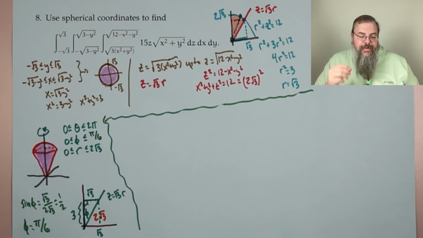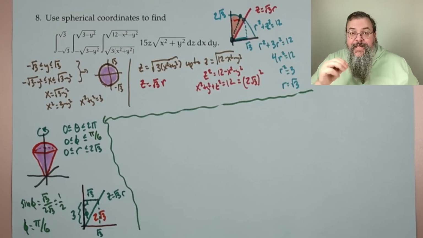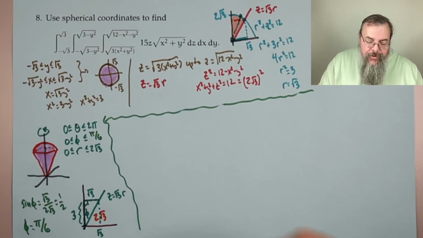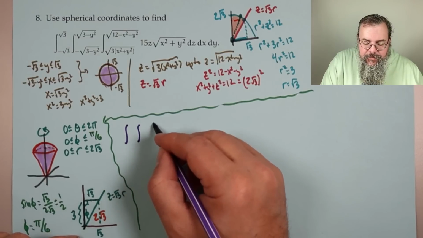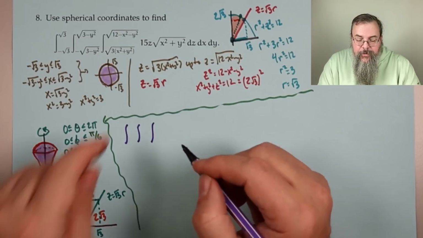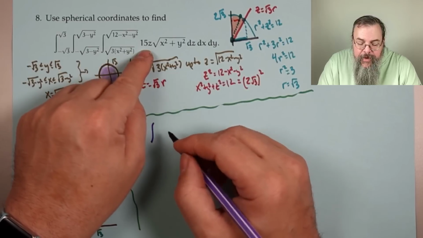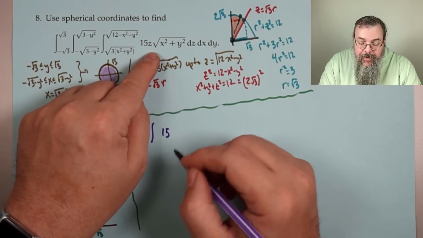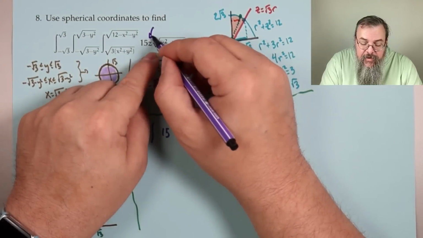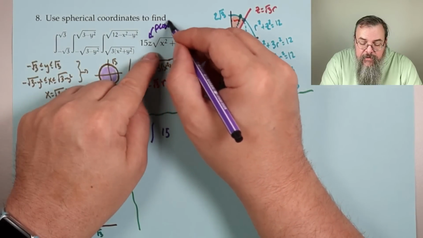So we're ready to set up the integral, because we actually have to find this, right? Well, so we have integral, integral, integral. And now we have to figure these things out. We have 15 z. Well, what's z? This is rho cosine phi.